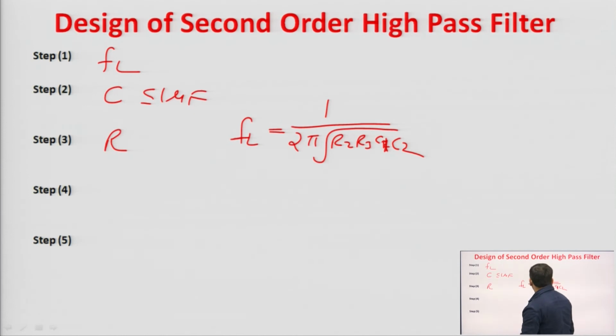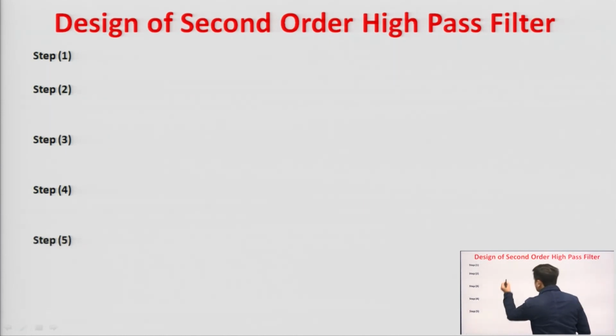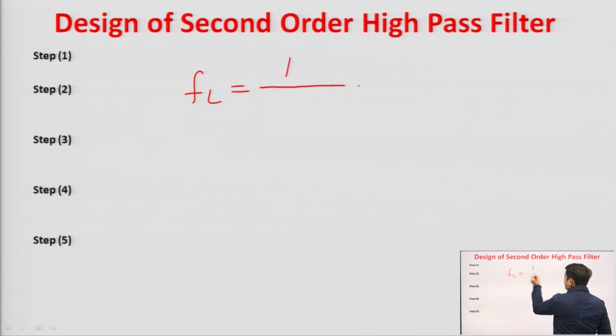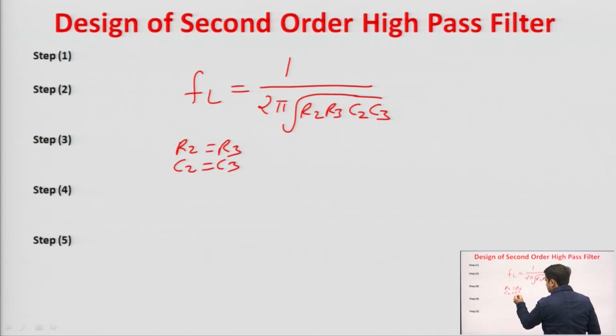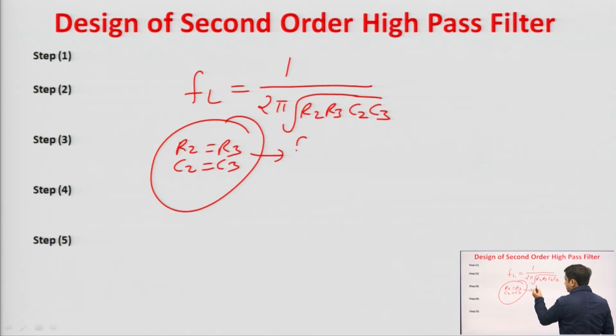So, the cutoff frequency will be 1 upon 2 pi under root R2 R3 C2 C3. Normally we take R2 equal to R3, C2 equal to C3. When we take it, then FL becomes equal to 1 upon 2 pi RC, fine.